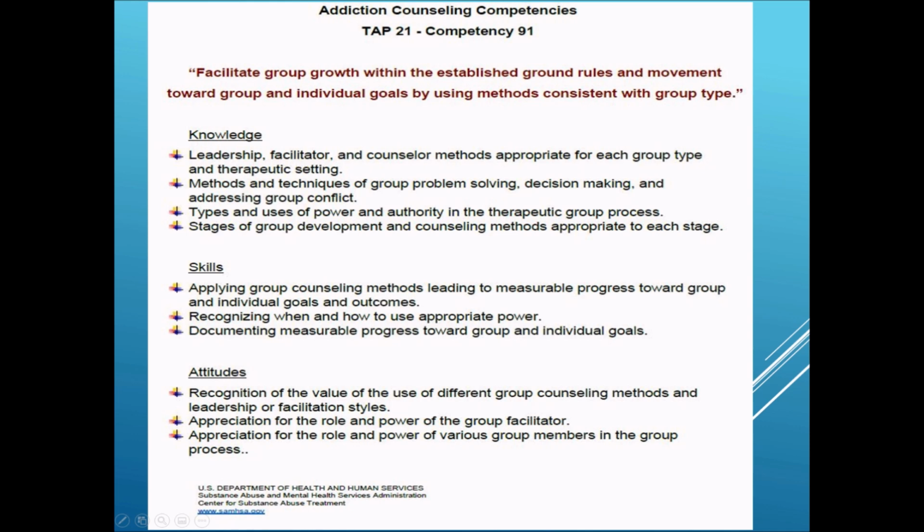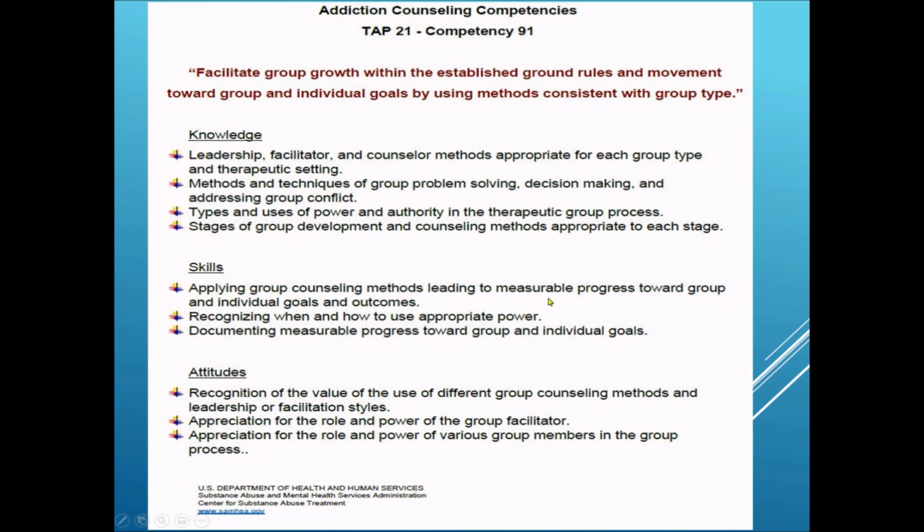Facilitator, and then the skills. From a skills perspective, these are the skills that we're going to address in this training, leading to measurable progress towards group and individual goals and outcomes.